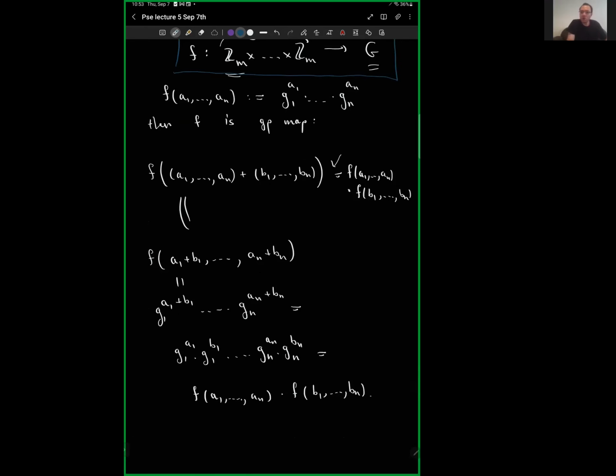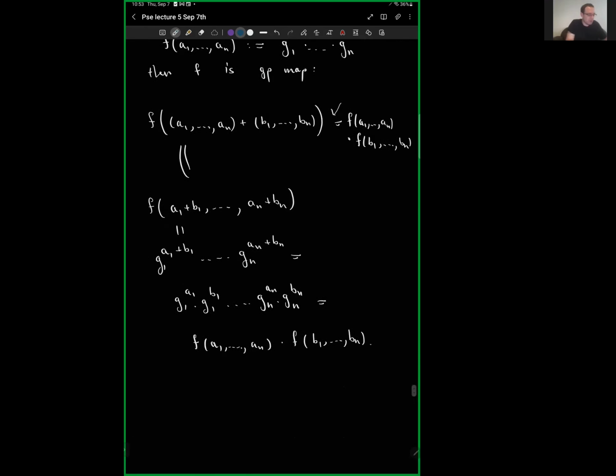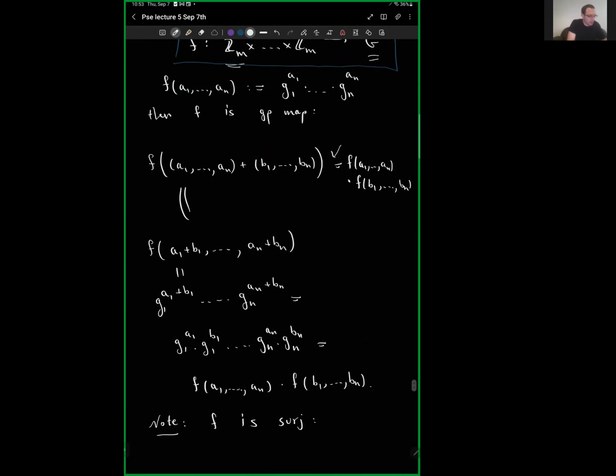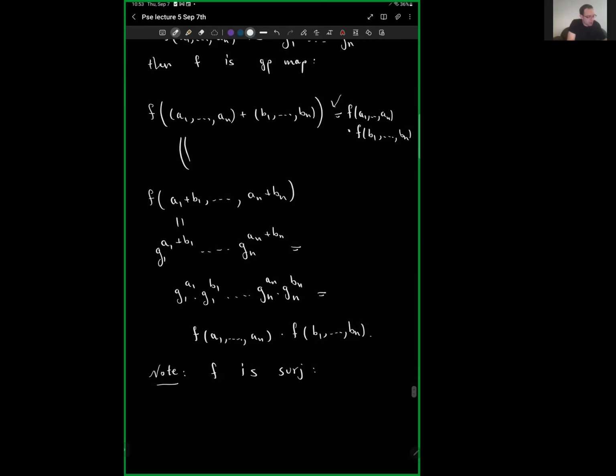Okay, so once we have this homomorphism, note F is clearly surjective. Well, how do I know? I want a source for Gi.